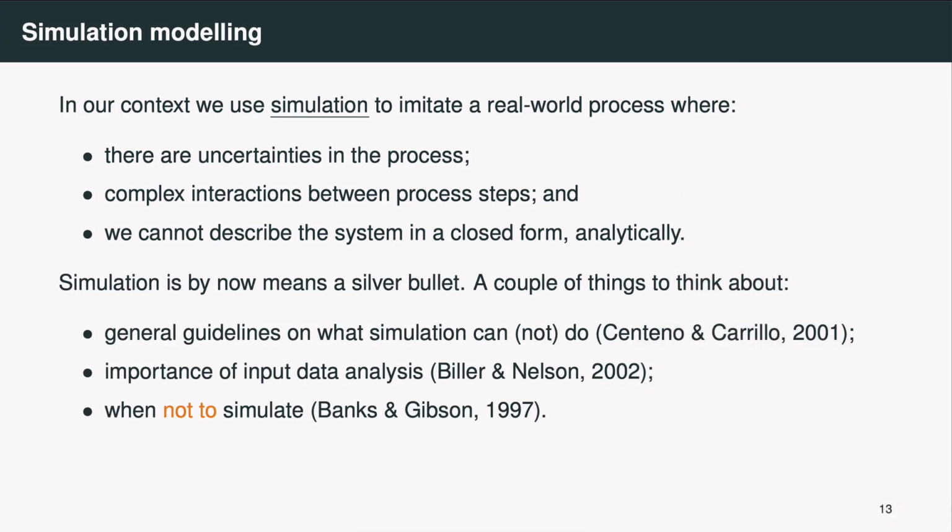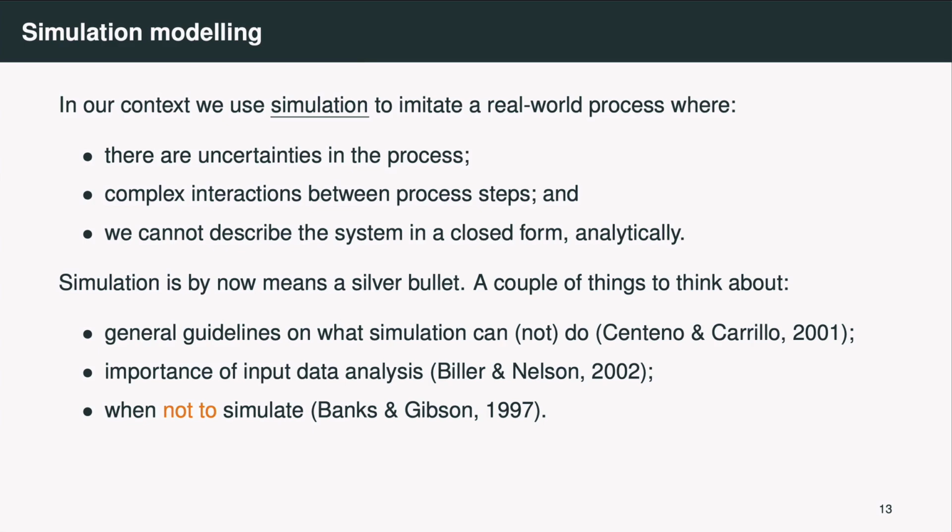It is also important, when we introduce simulation, to acknowledge that simulation is not a silver bullet. There are a couple of things to think about, and for each of these we make links to articles available for you on ClickUp. The first one is a paper by Centeno and Carrillo from 2001 that gives you general guidelines on what simulation can, but also cannot do, when to use it and when not to use it.